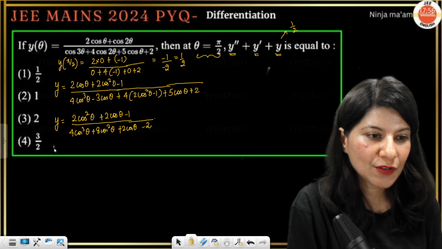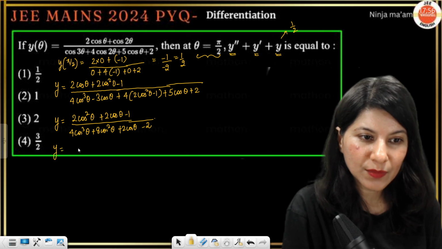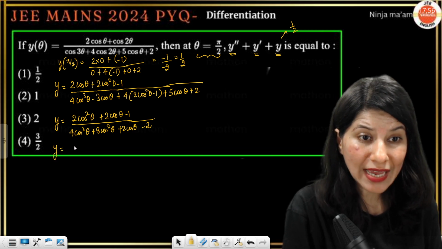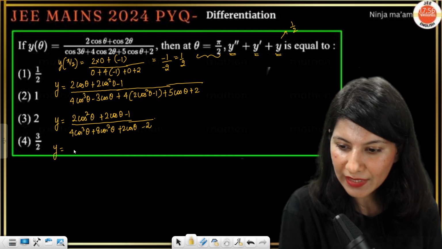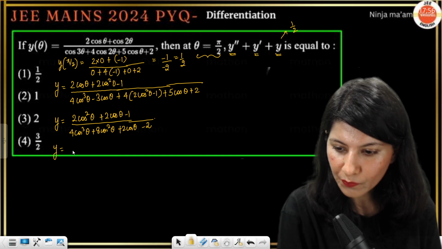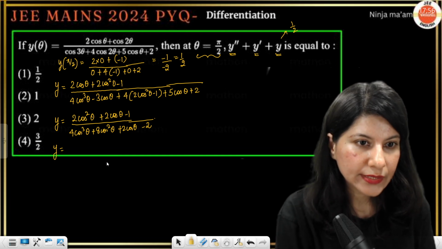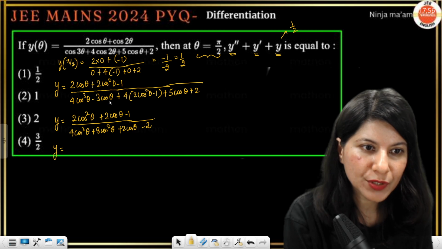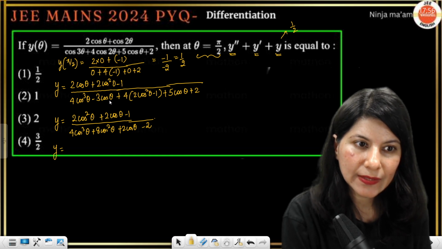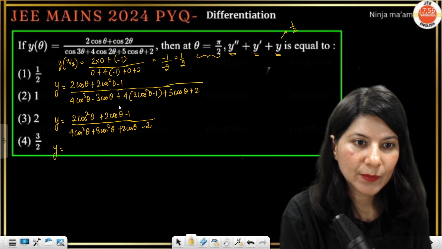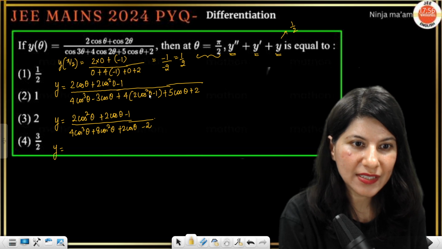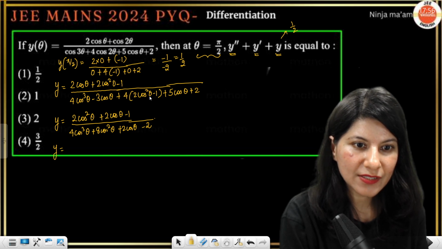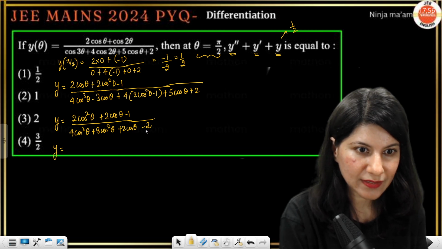Perfect. So now y will be equal to, clearly 2 can come out. Just give me 4 cos cube theta minus 3 cos theta plus 4 times 2, that is 8, minus 4, minus 4 plus 2 is minus 2, correct?